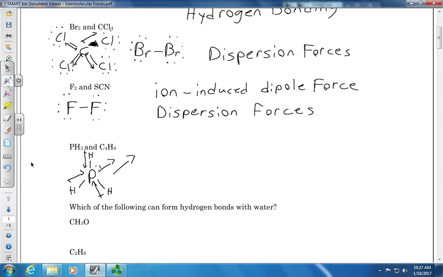And then C4H8 is a cyclobutane. It looks kind of like a diamond. And you can even draw out the little hydrogens if you'd like.